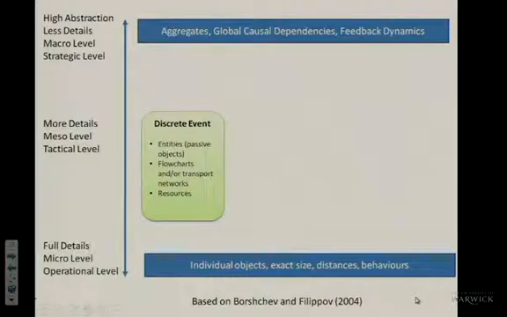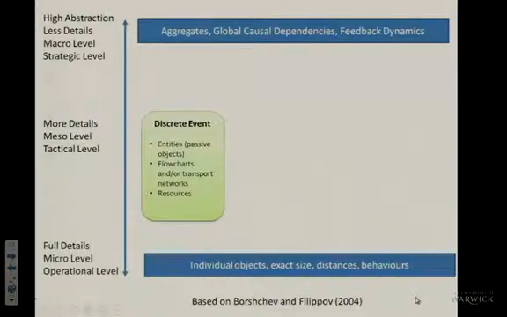You have an exact size, similar distances, and more or less similar behavior. So in discrete event simulation, the entities or objects are passive objects, right? They follow the behavior that you say they will follow in your model.